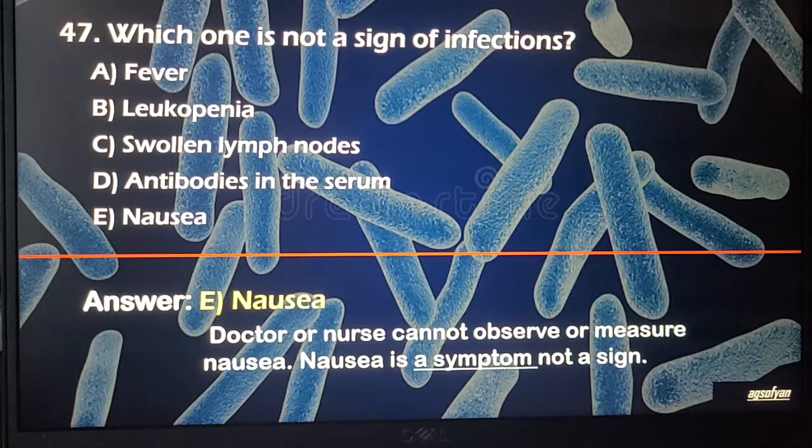Antibodies in the serum, this is also sign because you actually can measure the concentration of antibodies in the serum. The one that is not sign is nausea. This is symptom. You cannot measure nausea. You have to ask the patient whether they have nausea or itchy, or headache. So this type of condition is what we call the symptom. Okay, so symptom cannot be measured.